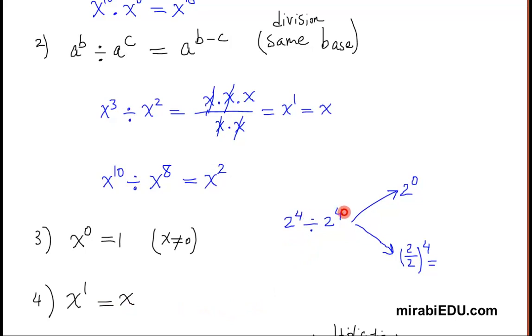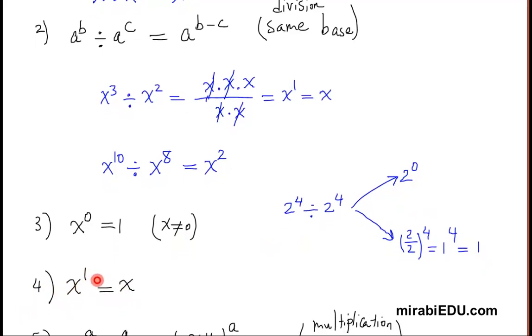When you have the same power and you're dividing two exponential numbers, you can keep the same power and divide the bases. So 2 divided by 2 to the 4th power will be 1 to the 4th power, which will be 1. So we understand that 2 to the 0 is the same as 1, or every number to the 0 power equals 1. Another rule says every number to the 1 power is itself. Okay, x to the 1 is x itself.